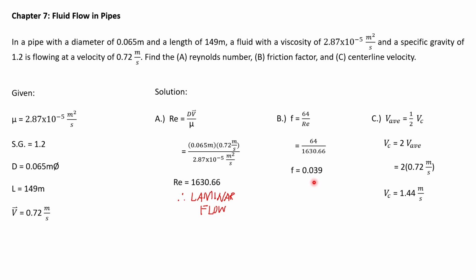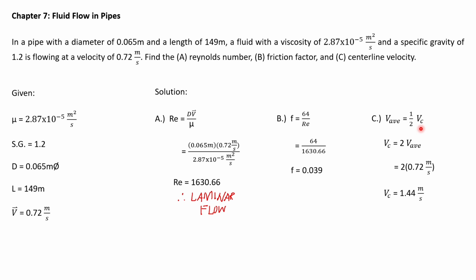And now, since we are done with the friction factor, let's proceed to letter C. We are looking for the centerline velocity, or V sub C. For getting the centerline velocity, we will have the equation that the average velocity is equivalent to 1/2 of the centerline velocity.